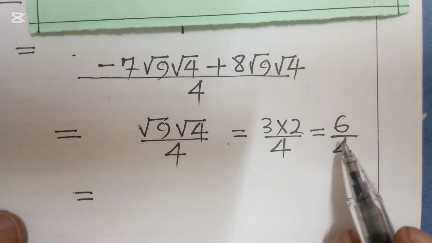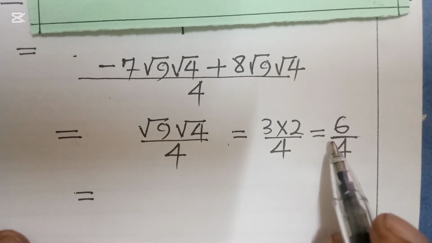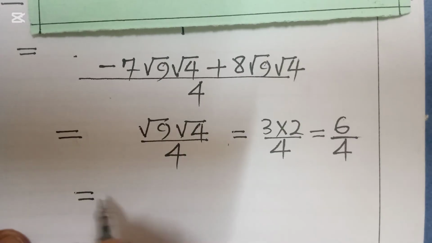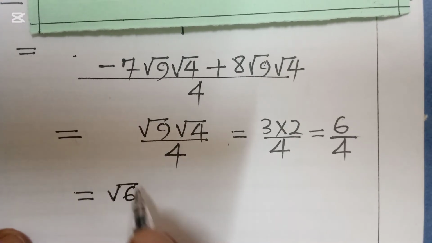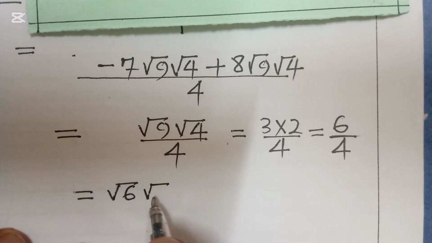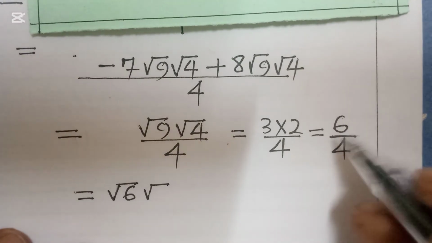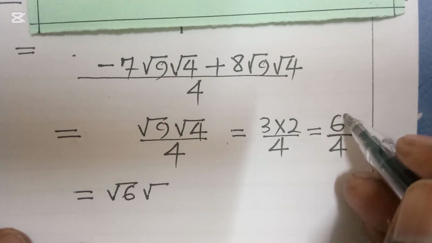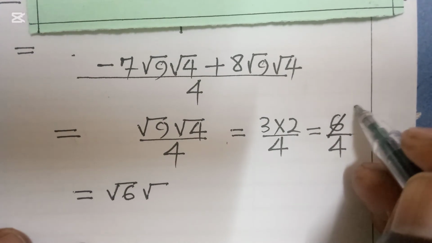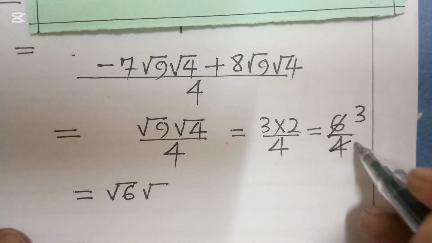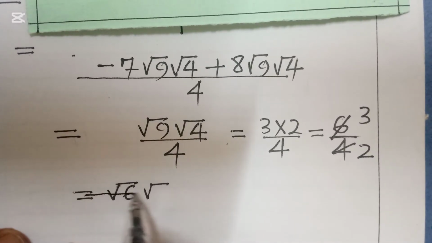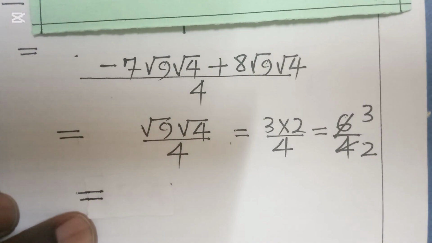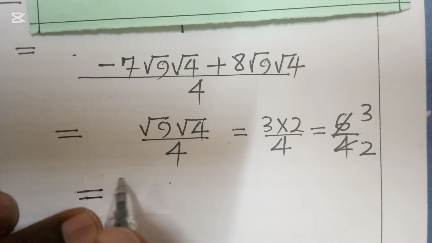Before we go to that, we can actually cancel. Divide by 2: 3, divide by 2: 2. And we put now 3 over 2.